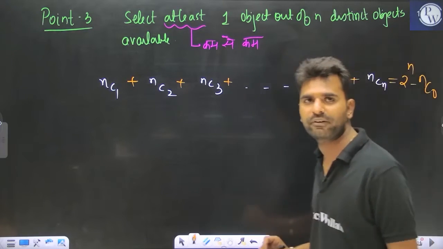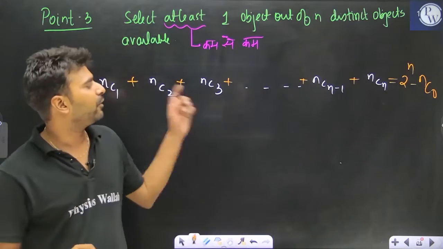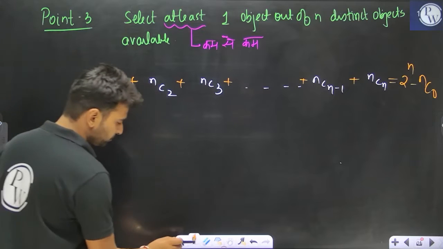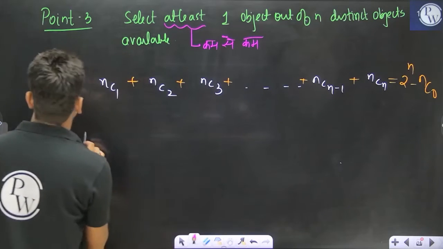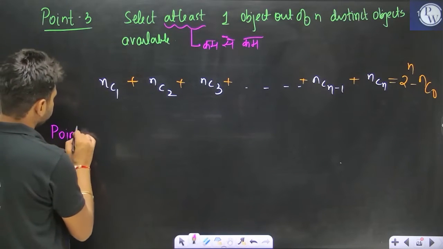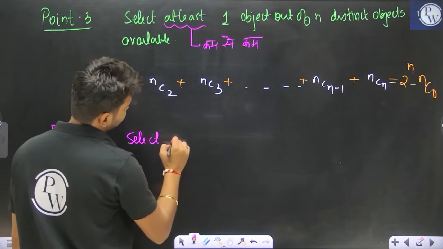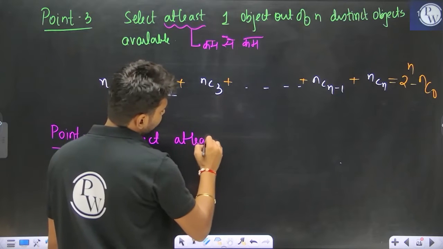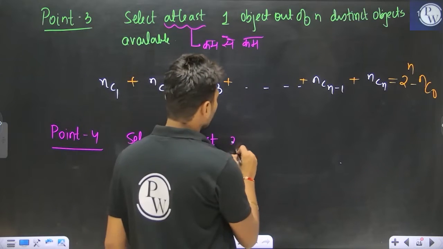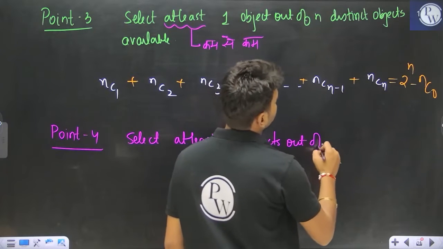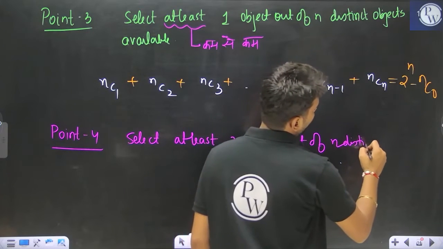Yes or no, everyone, do let me know. So that can be done in how many ways? 2 to the power n minus NC0. If I ask you a problem like this, point 4, let's say, select at least 2 objects out of n distinct objects available.